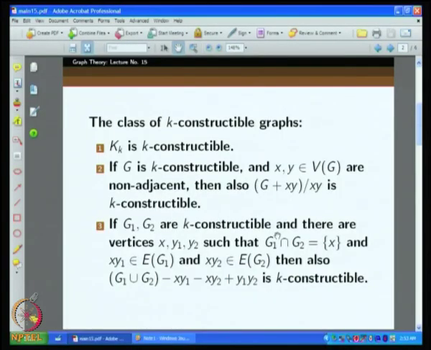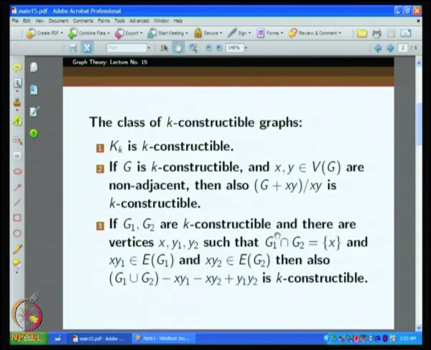The third rule is, if G1 and G2 are two K-constructible graphs and there are vertices x, y1 and y2 such that the only common vertex of G1 and G2 is x, and x y1 is an edge of G1 and x y2 is an edge of G2, then the union of G1 and G2 minus x y1 minus x y2 plus y1 y2 is K-constructible.